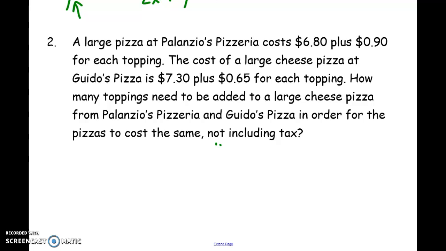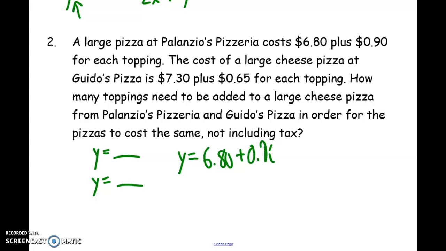All right. So what I'm seeing here is a y equals situation. At the first pizzeria, it is y equals the initial cost, $6.80. That's how much it costs for you to have a pizza, plus however much you're spending for however many toppings you get. So that'd be 0.90x.